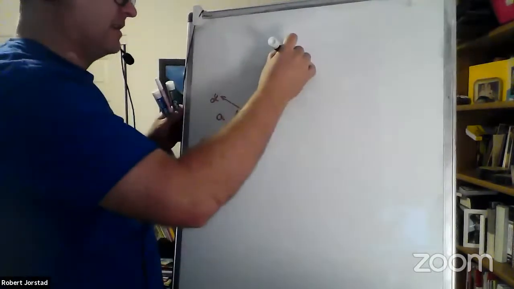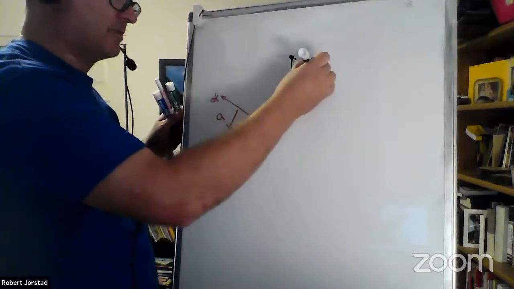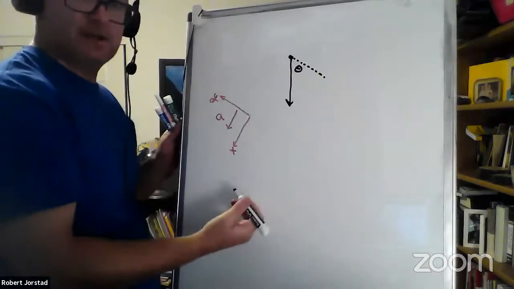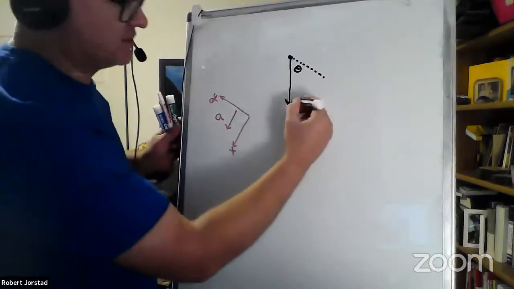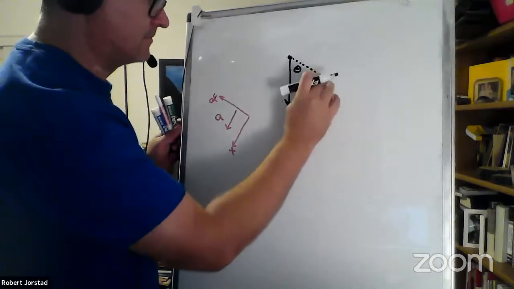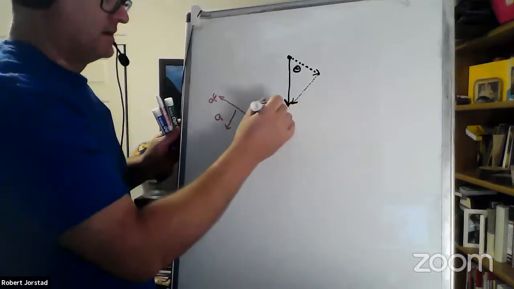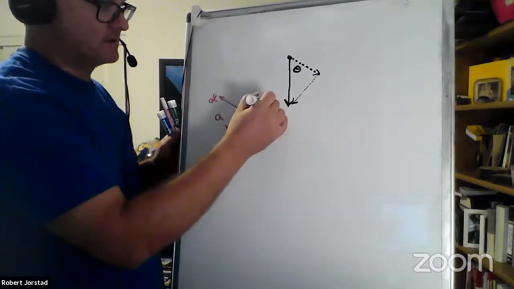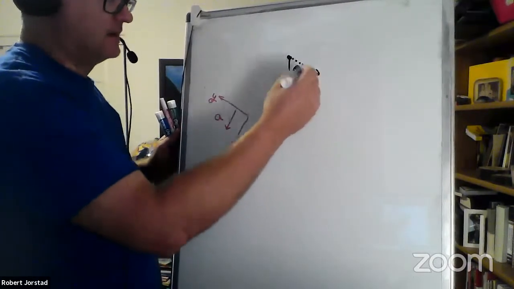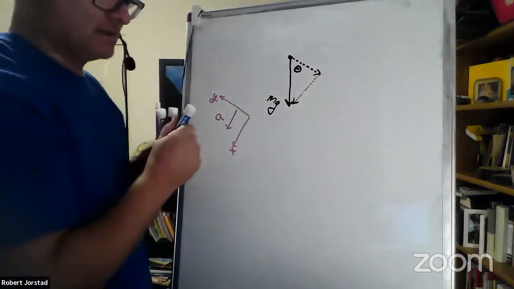There was an MG straight down, and I think we said this angle right here was theta, right? Once I get one of them, the rest should be easy. So in this case, this was MG, and then there was a force straight to the right.